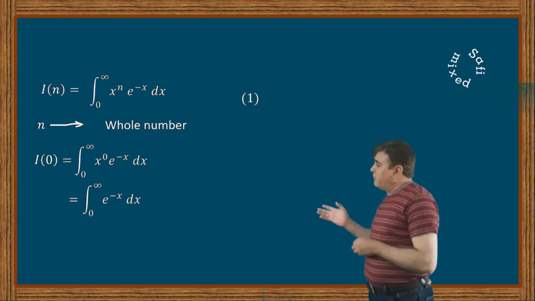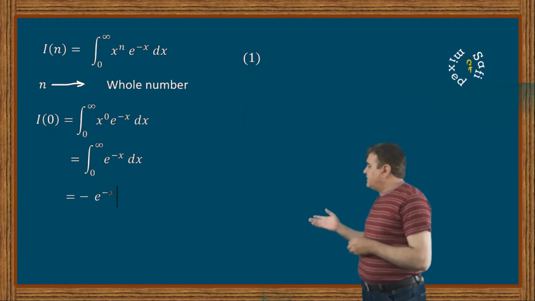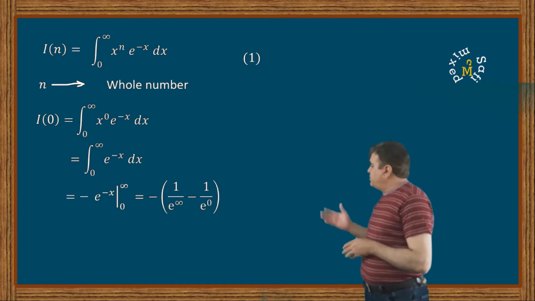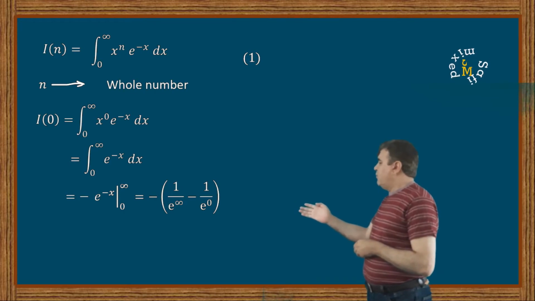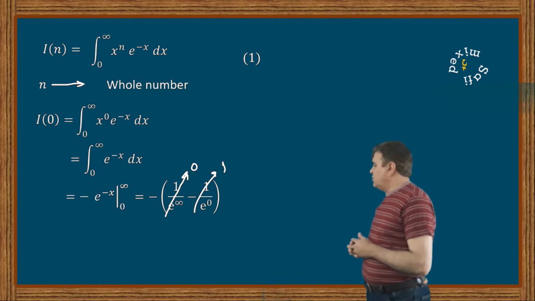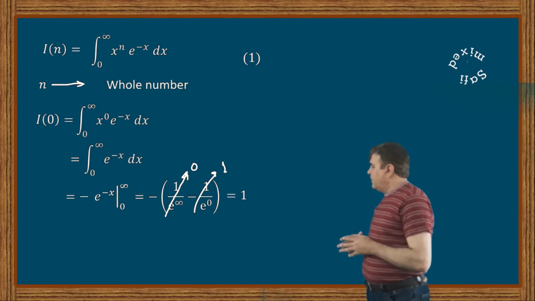And this now straightforwardly equals minus exponent minus x with limits from 0 to infinity, and then obviously 1 over exponent infinity is 0 and 1 over exponent 0 is 1.